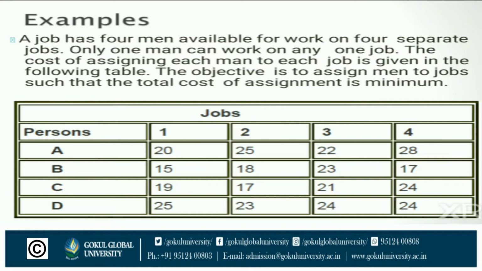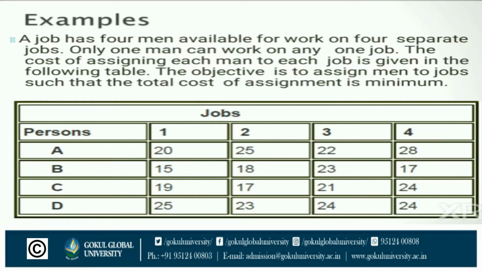Now we choose the smallest element of each row and make a zero. See, the first row does not have a single zero, so we make a zero in the first row, second row, third row and fourth row. In the first row the smallest element is 20.